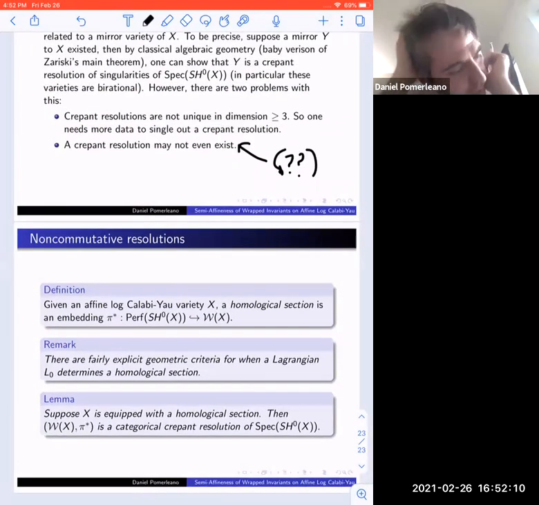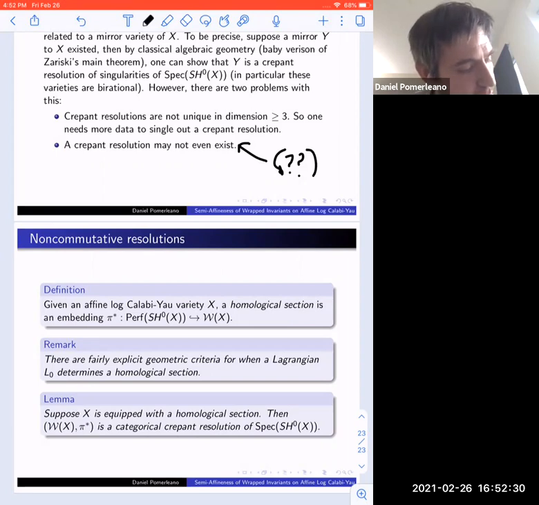Given an affine log Calabi-Yau variety, a homological section will be an embedding of perfect complexes on Spec SH^0 of X into the wrapped Fukaya category.